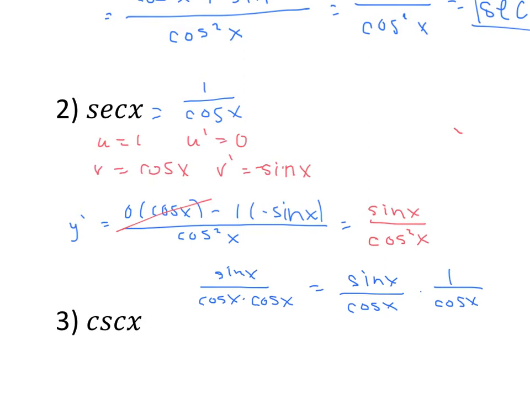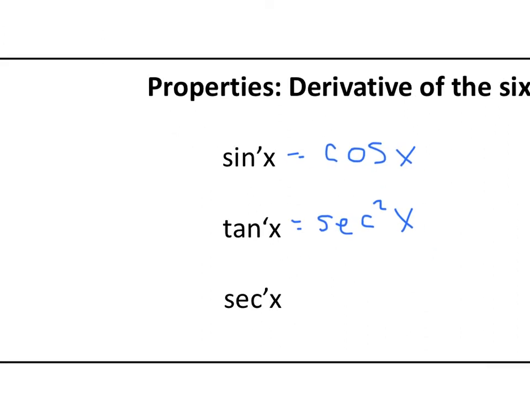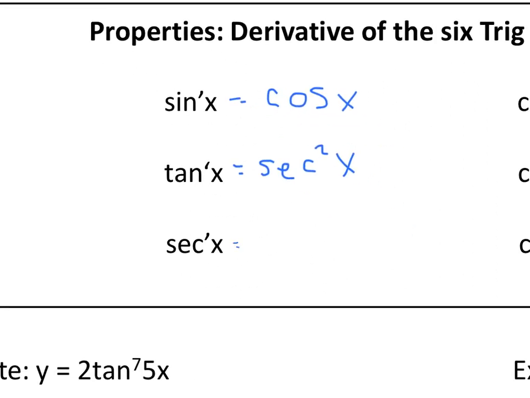And hopefully you remember that sine of x divided by cosine of x is tangent, and 1 over cosine of x is secant. So because of that, we always write our derivative of secant as secant x times tangent of x. So let's go ahead and just move that into the chart at the bottom of our page. So this is secant of x is secant of x, tan of x.